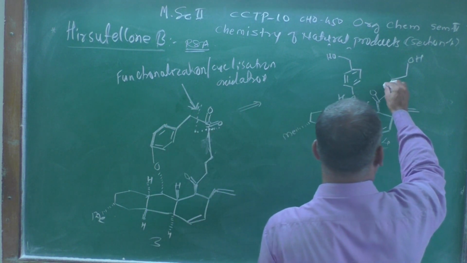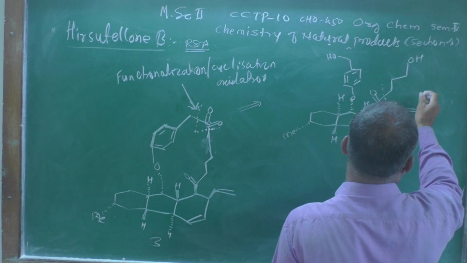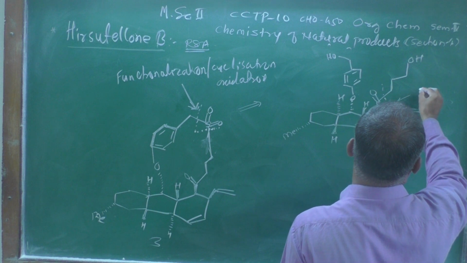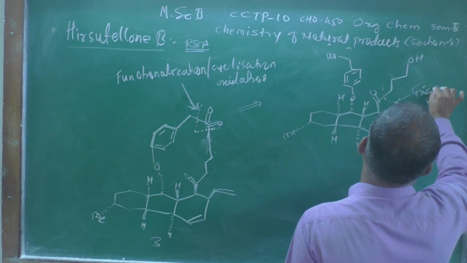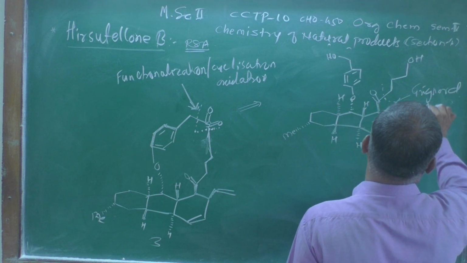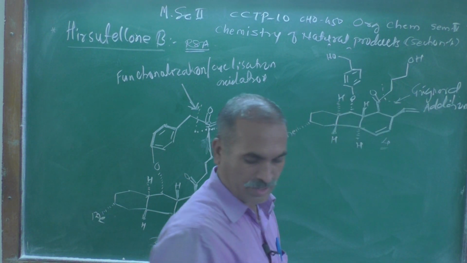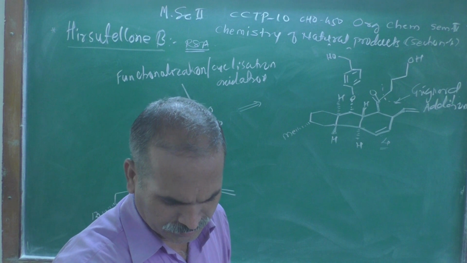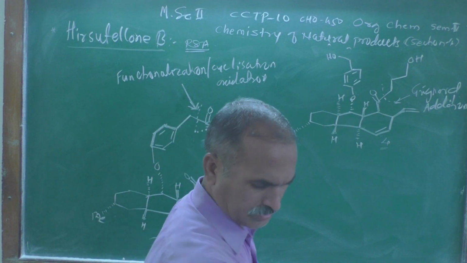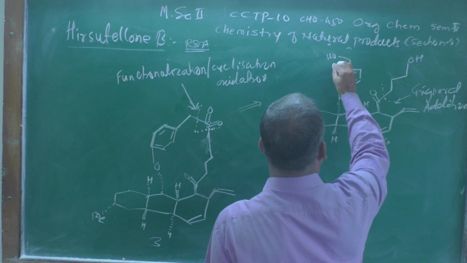And that molecule number 4 we are using here as a Grignard's reagent. Here is a Grignard's addition. This is the approach we use over here, and then here is an oxidation.